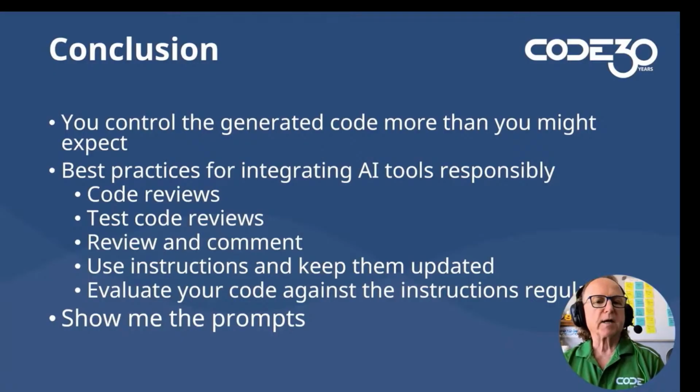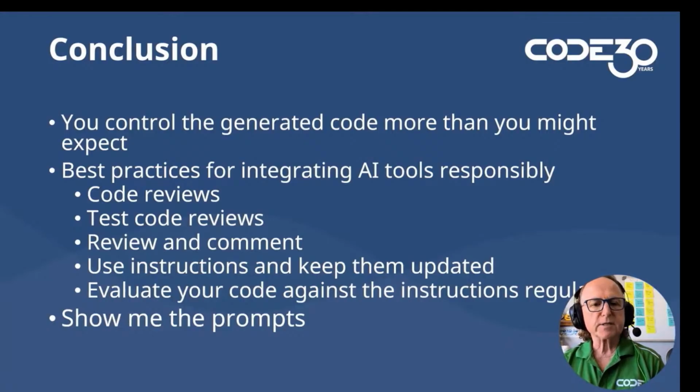Let's talk about some best practices for integrating AI tools responsibly. You want to do code reviews, and as I said, you can do these code reviews manually, and you can also automate them through the use of different AIs. Test code reviews are, I think, particularly important. When you're generating AI tests, you need to review and comment on those, because you want to make sure that your tests are solid before you start making code changes.